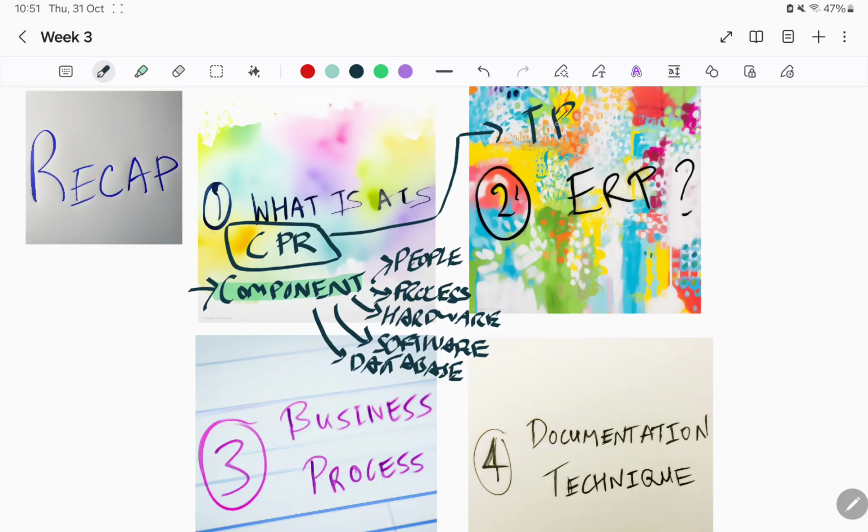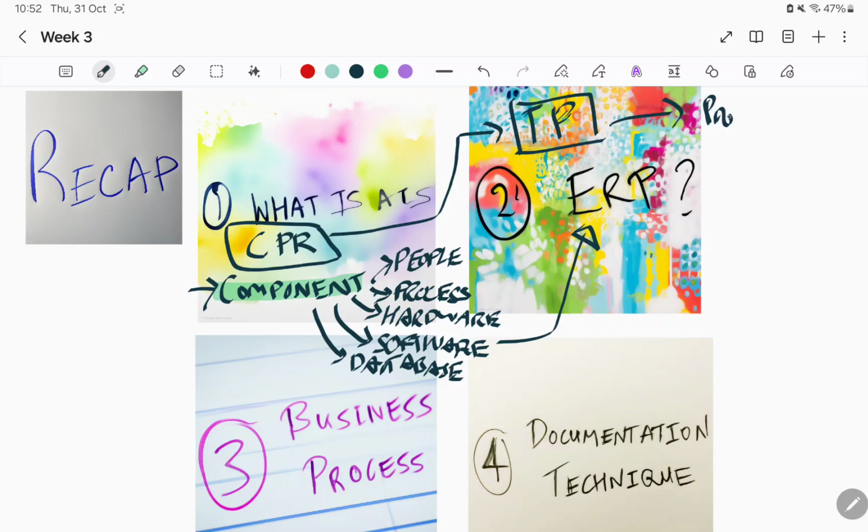In order to perform transaction processing, of course we need the components: the people, the process, hardware, and software. An example of the software is the ERP. Enterprise resource planning is a system, or pretty much a software, that helps accountants, people, me and you, to actually perform transaction processing, which means processing business transactions.